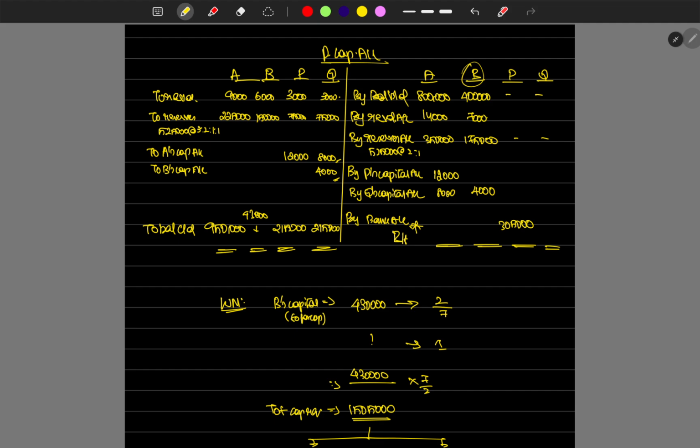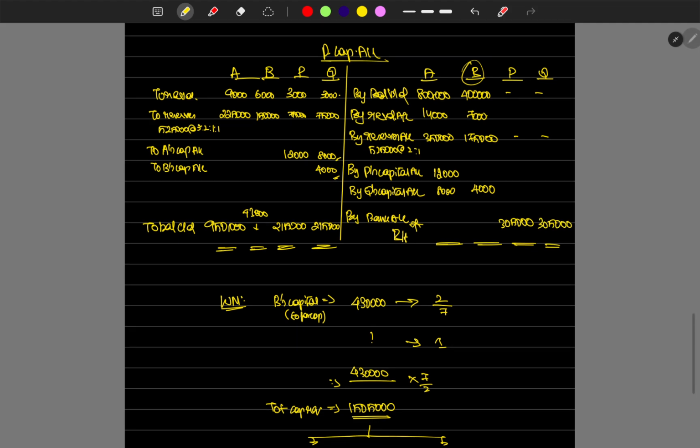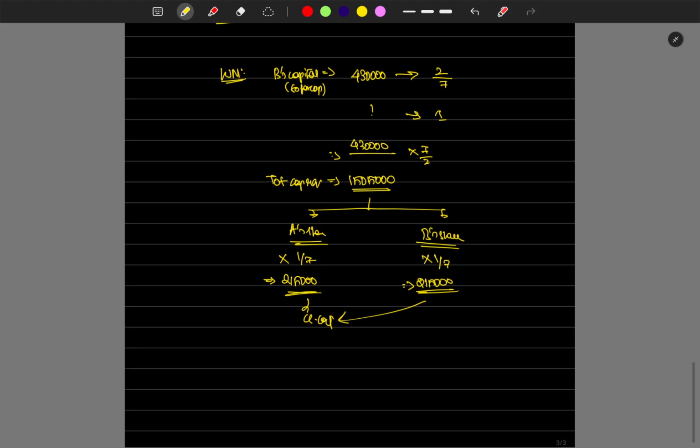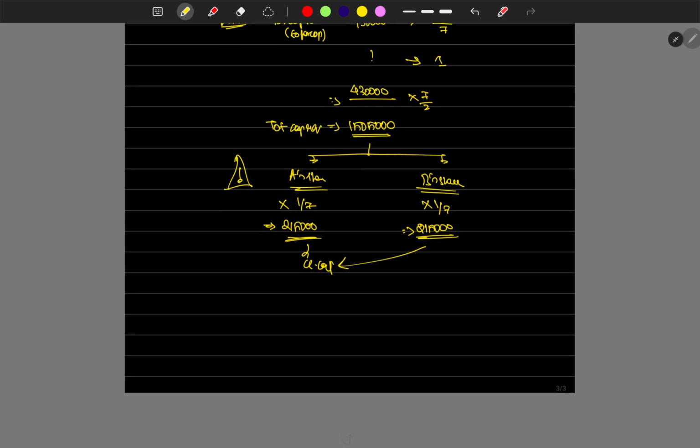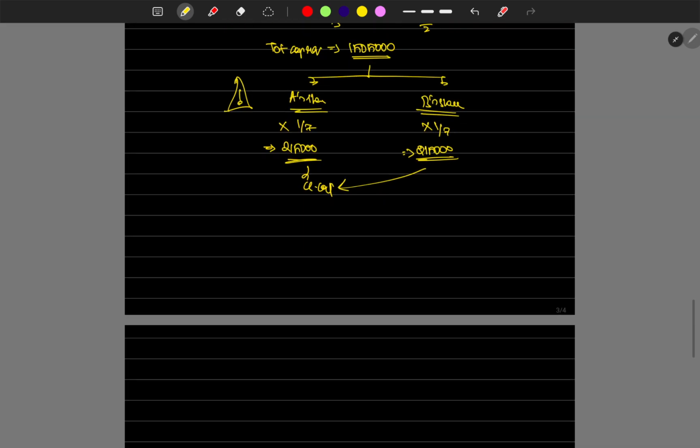Then 3,000 plus 75,000 plus 8,000 plus 4,000 plus 2,15,000 is also 3,05,000. That's it, we found the capital brought by P and Q. This is one of the unique adjustments given in the ICMA material, so you can follow this and get introduced to this adjustment also.